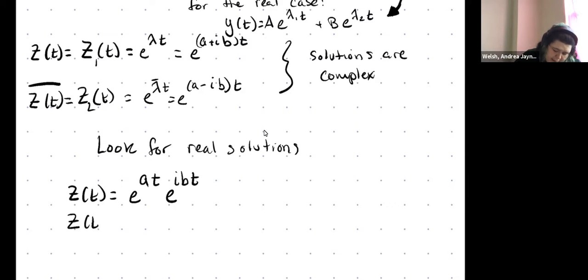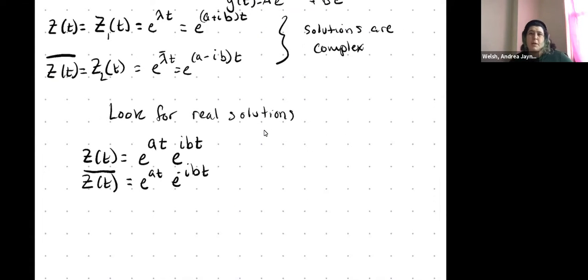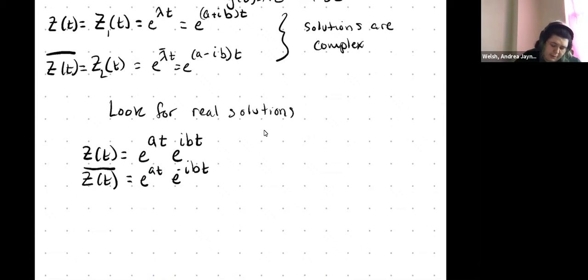Similarly, I have the complex conjugate here, with e^(−ibt). Now we're going to use a formula that comes up a lot and is super useful. You might have seen it before, but maybe you're not as familiar with it. This is called Euler's formula.